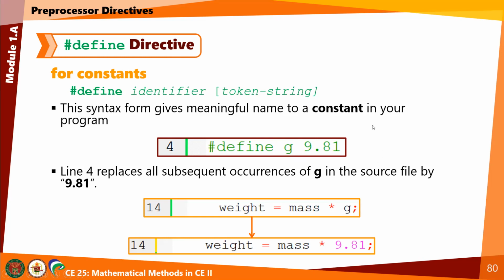So in all your program, doon sa source code nyo, if you say G, then it automatically converts it to 9.81. Okay, so like this one, if I want to compute the weight, I just write mass times G, and the compiler understands that what you meant by G is 9.81. So very straightforward.